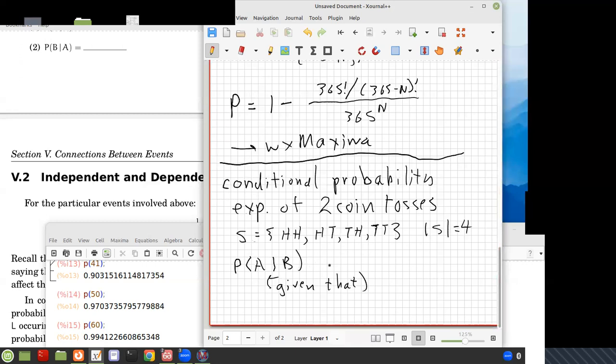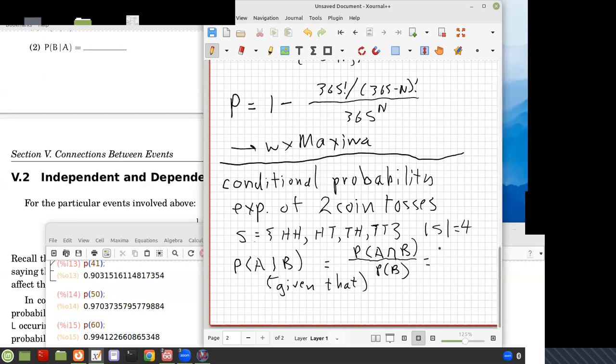Now, what's the definition of this? Our definition is going to be the probability that both events occur divided by the probability that the second event occurs. We tried to motivate this on Friday in terms of counting. If you know that B has occurred, B is like the new sample space.